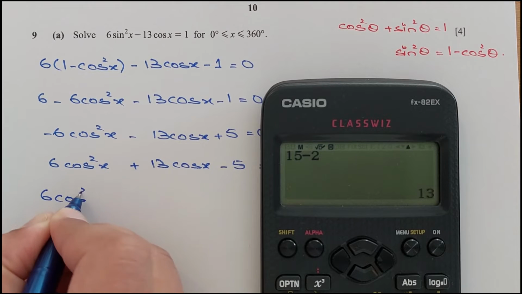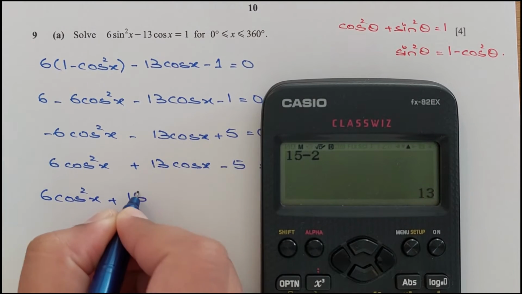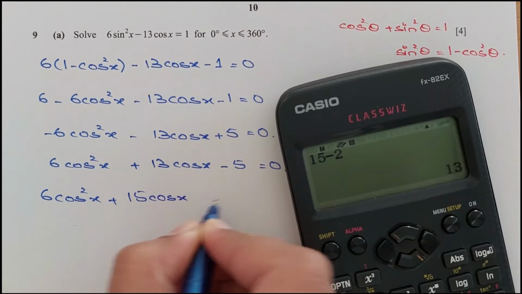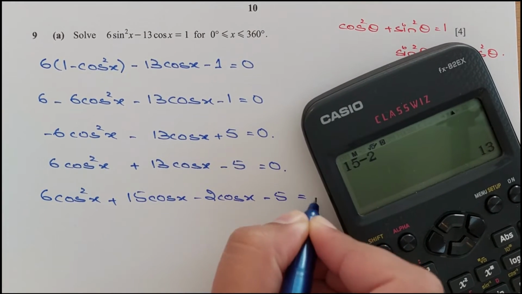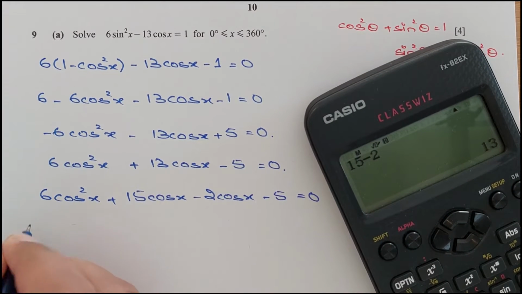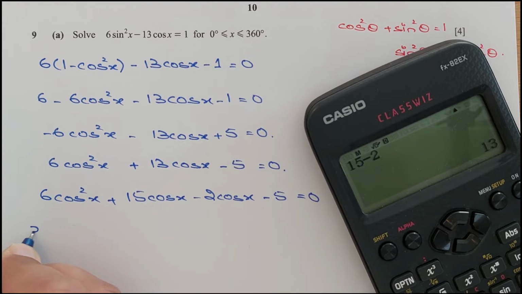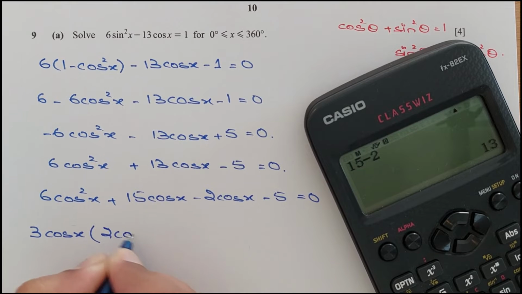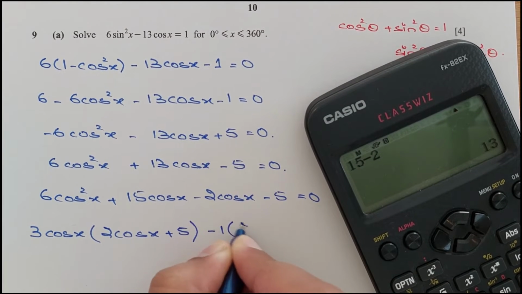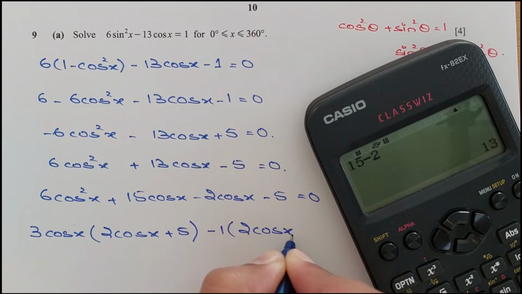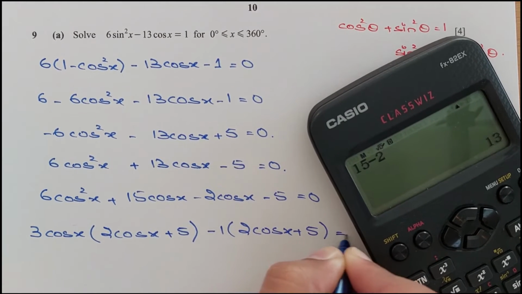So 6 cos squared x plus 15 cos x minus 2 cos x minus 5 equals 0. Let me take 3 cos x common: 3 times 2 is 6 cos x and 3 times 5 is 15. Minus 1 is common: 2 cos x plus 5.